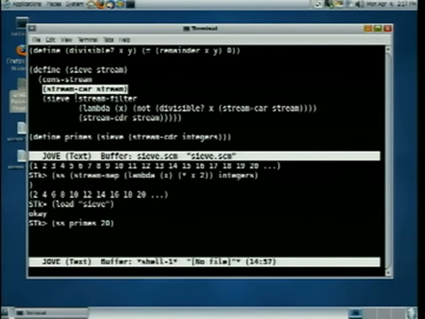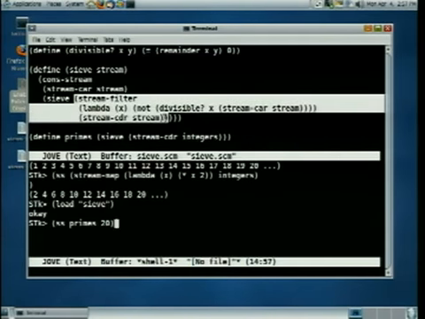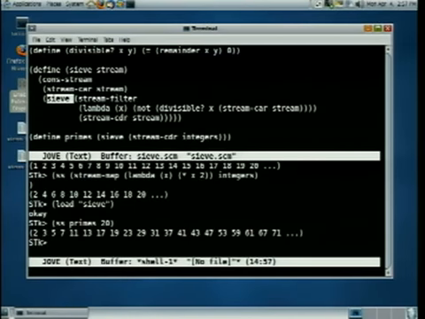And then we do a stream filter on the stream-cdr of the stream, where we say, take out all the ones that are divisible by the stream-car. And then we just recursively call sieve on that. Okay, so that's an infinite recursion. And here they are, all the prime numbers.